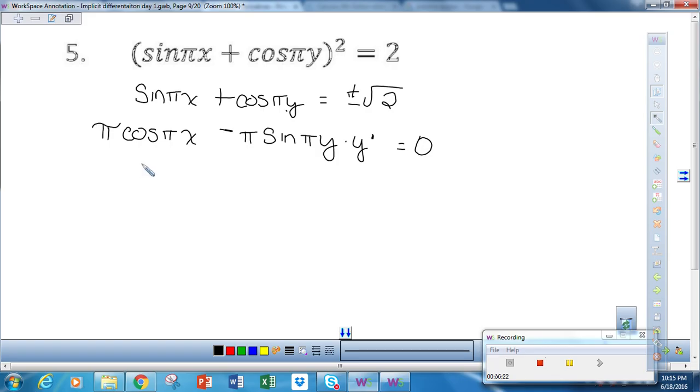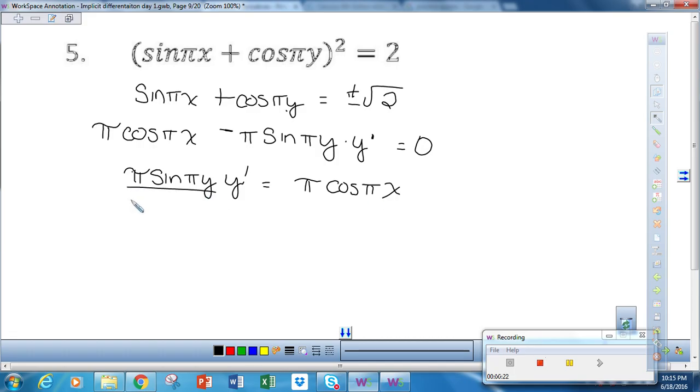So this gives us that pi sine pi y times y prime is equal to pi cosine pi x.